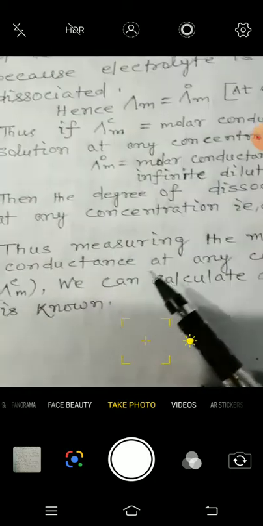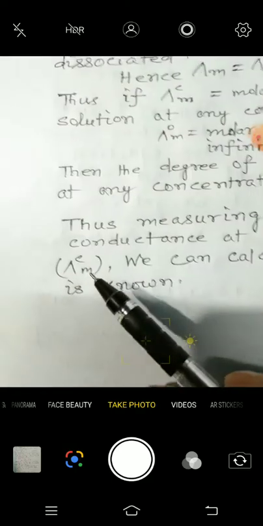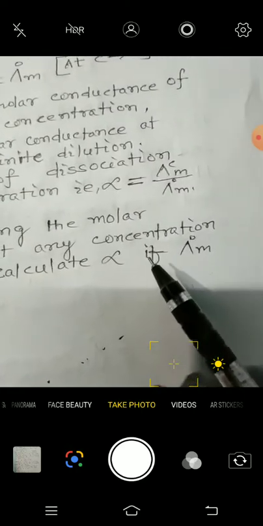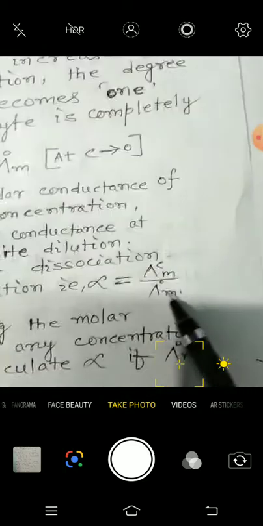Thus, by measuring the molar conductance at any concentration, we can calculate alpha if lambda naught m is known, with the help of this equation.